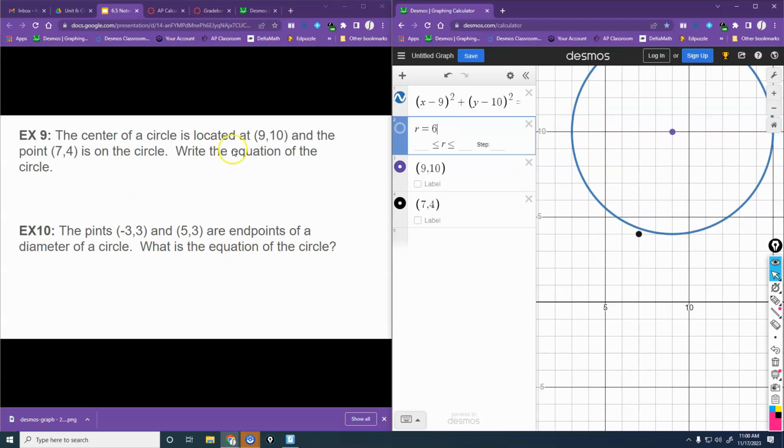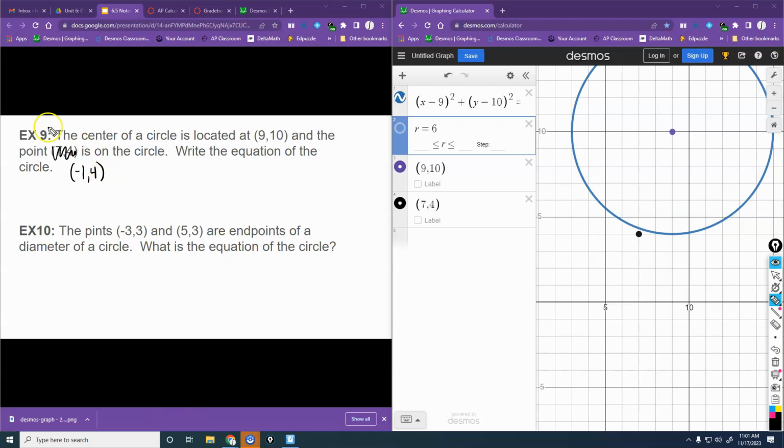Let's just change this to what you're more likely to see here. Let's say it's not 7, 4. Let's say it's the point negative 1, 4.